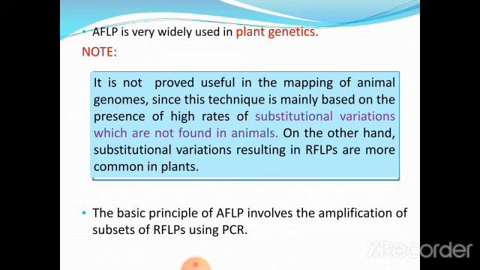See, normally AFLP is not used for mapping animal genomes because this technique is mainly based on the presence of high rates of substitutional variations which are not found in animals.